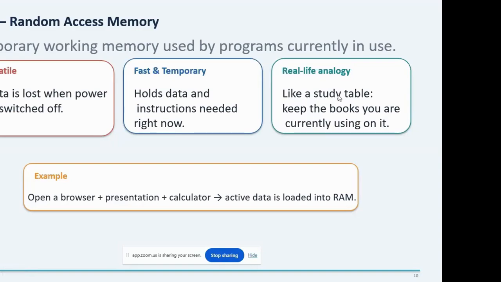You open that particular textbook, you read it and you close it, right? At that instant, only the chapter you are reading is open, and you read it. That is also one example of RAM, random access memory.